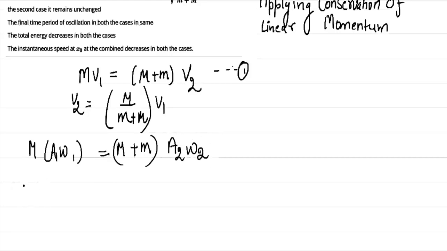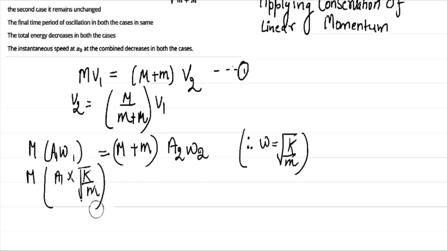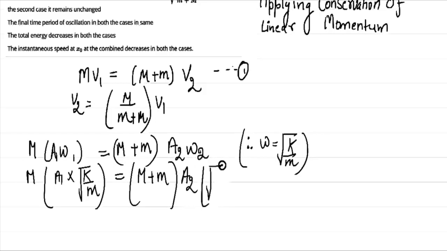Now we know that omega can be written as under root k by M, and for the combined mass, under root k by (M plus m). So M multiplied by A1 under root k by M is equal to (M plus m) A2 under root k by (M plus m).